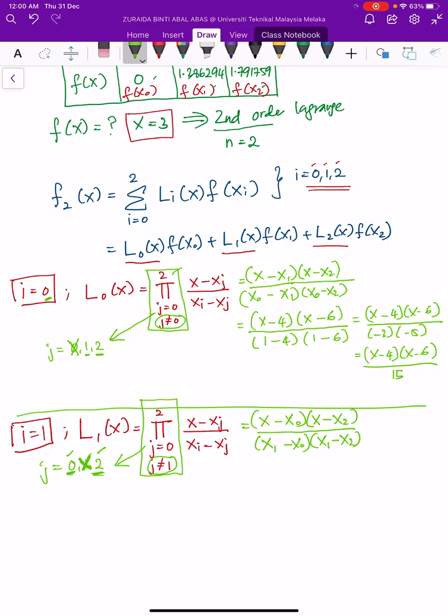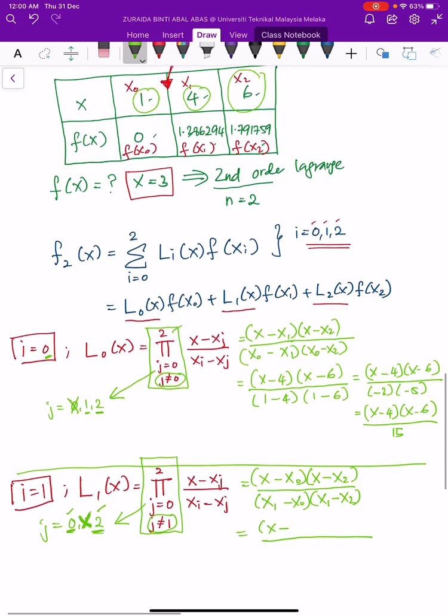I need to check this one whether I'm doing it right. Okay, correct. So here is x minus x naught. Our x naught is 1.